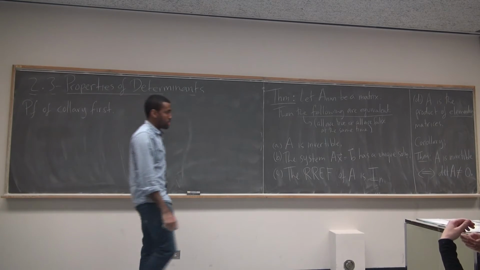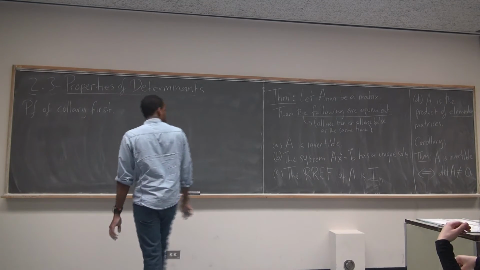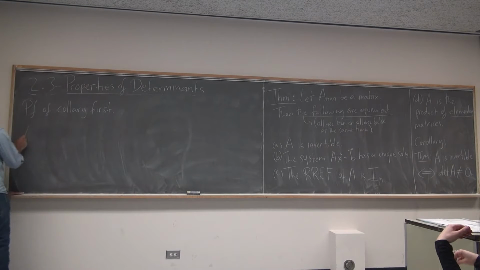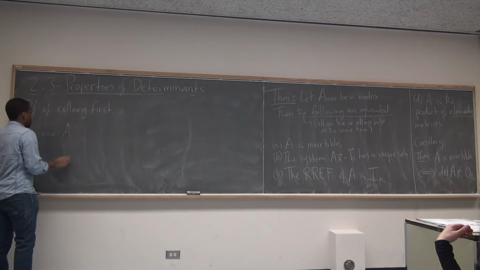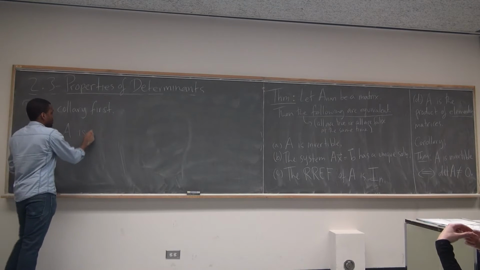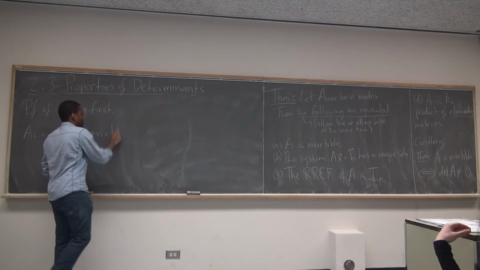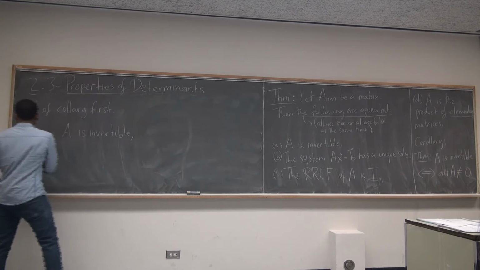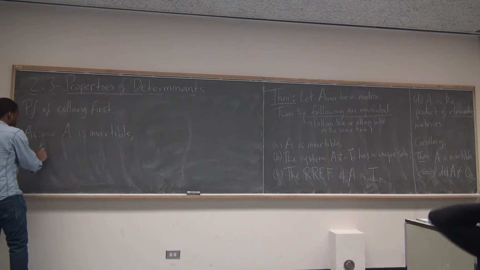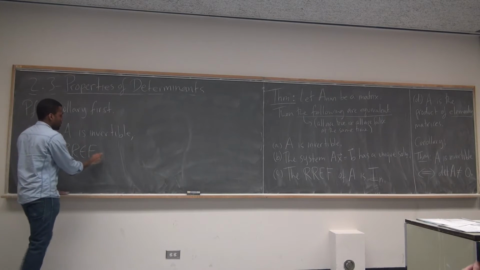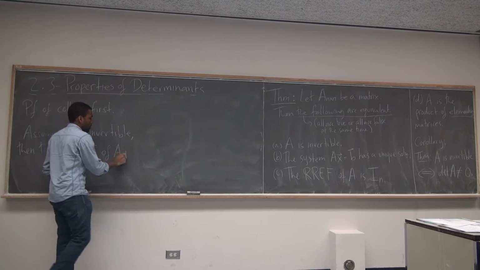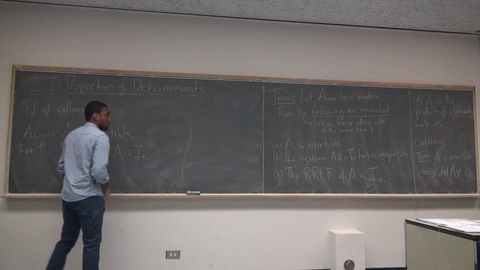It's relatively a short proof. Assume A is invertible. Then I know that its reduced row echelon form is the identity matrix.